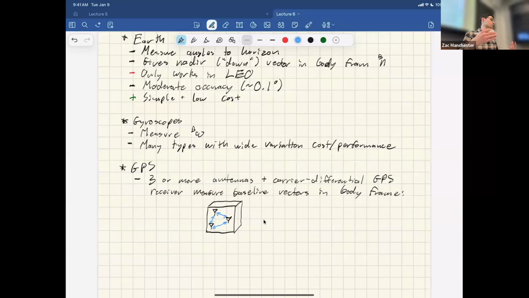So this gives you three vectors that you know in both body and inertial frame, and then you can figure out the attitude. These have moderate accuracy, at about the 0.1 degree level.